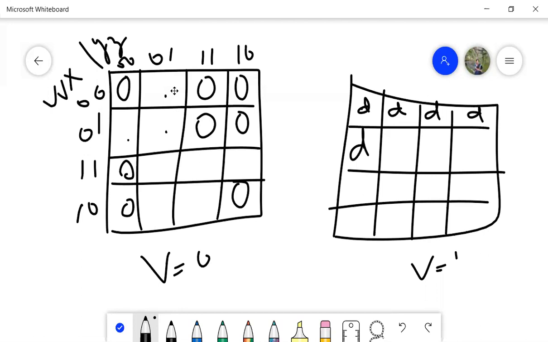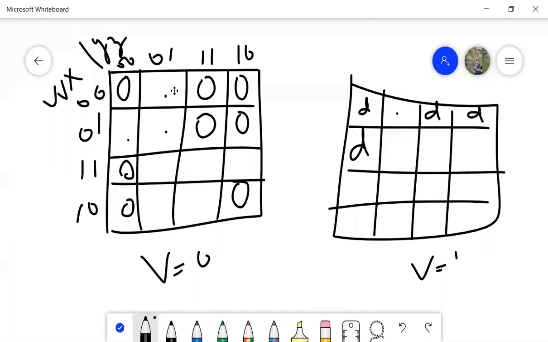I don't have a 17 in my expression, so this is not there. So 17 is not there. So after 13 it is 16. This will be my 16. I don't have a 17.